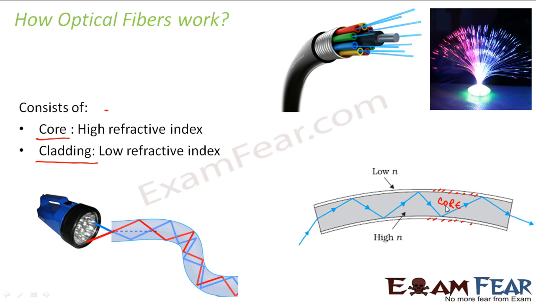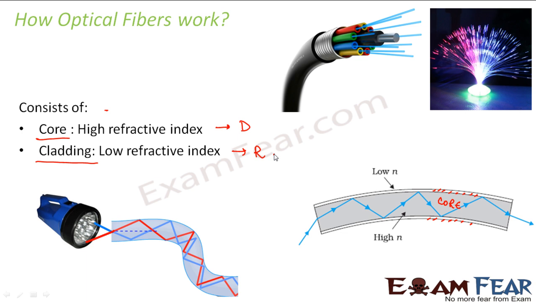So the core has a higher refractive index, so the core becomes the denser medium and the cladding becomes the rarer medium, right? Because of the difference in the refractive indices of the material. Now, how do you differ the refractive index? The core must be made of a material which has a higher refractive index. Similarly, the cladding is made of a material with a lower refractive index. So now you have your denser medium and rarer medium.